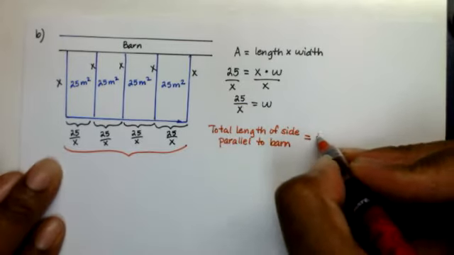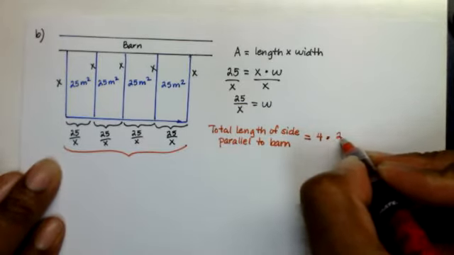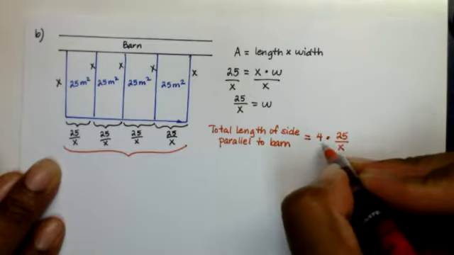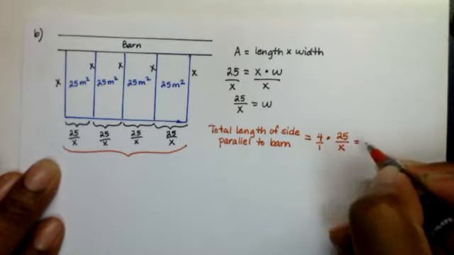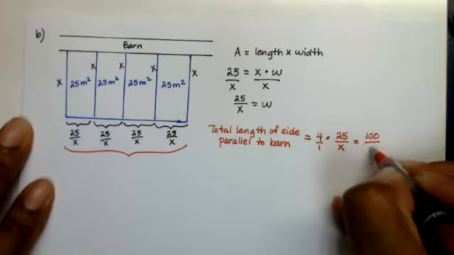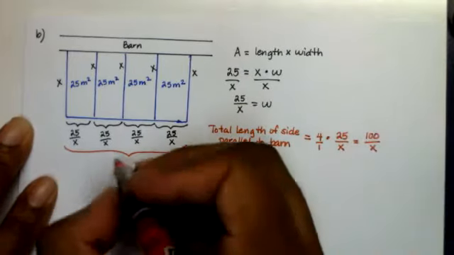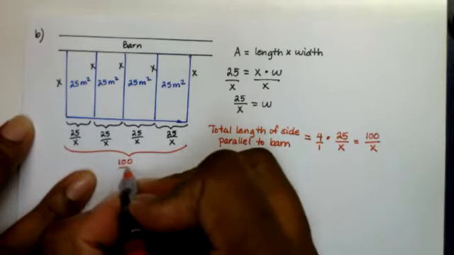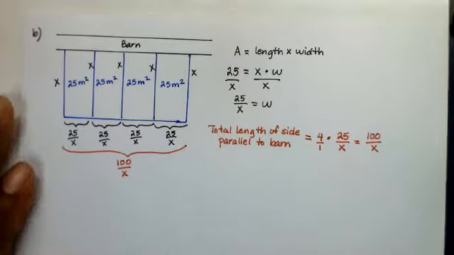There are 4 of them, so it'll be 4 times 25 over X. And that 4 is like 4 over 1, so 4 over 1 times 25 over X will be 100 over X. So this whole length here is 100 divided by X.